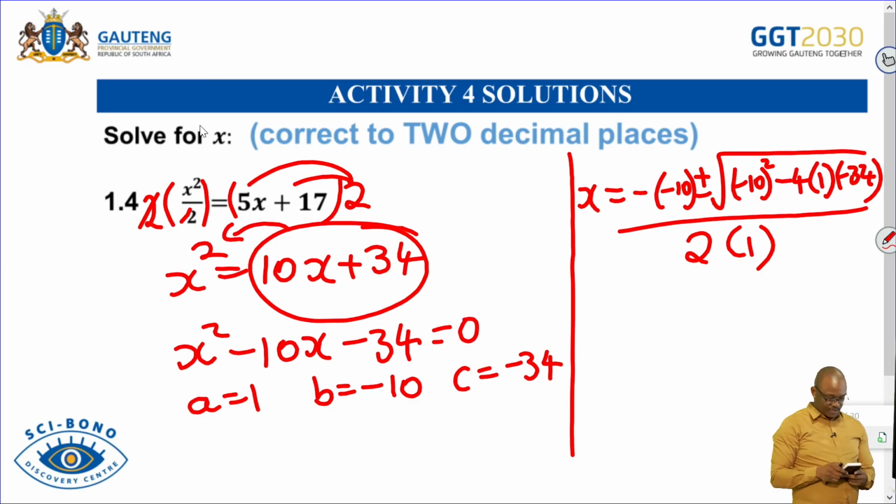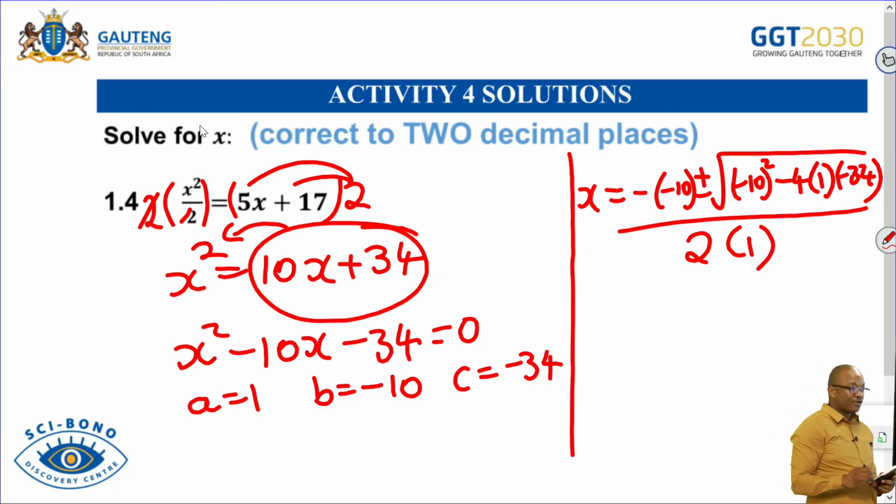If you say negative negative 10 plus the square root of negative 10 squared minus 4 times 1 multiplied by negative 34, all over 2.